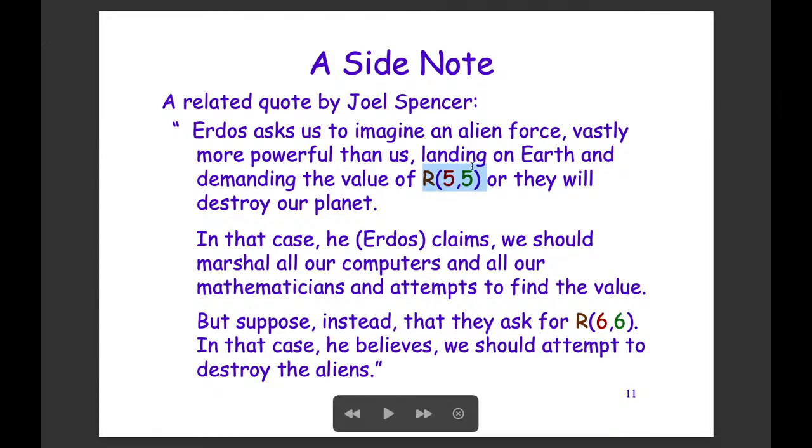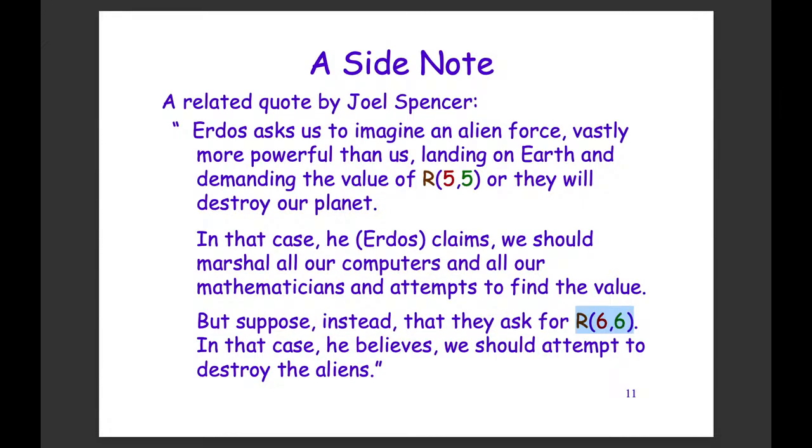So if they request us to find out R55, perhaps the best thing we should do is gather all the computing powers and all the smart people to find out the exact value of this R55. But on the other hand, if the alien requests us to find out R66, then he says that there is no chance that we will be able to compute this value.